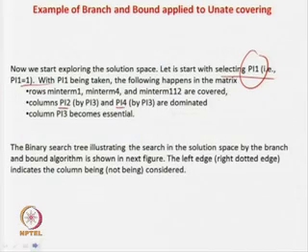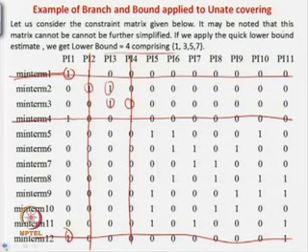Next, PI3 becomes essential. Why is that? Because in row 3 there is only one 1, since PI2 and PI4 are dominated by PI3 and eliminated.